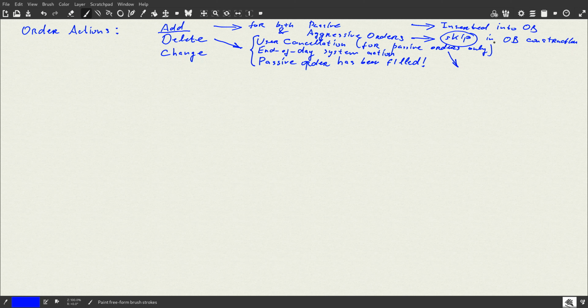So a user is modifying the order. What does it mean, modifying? In most exchanges, and in Moscow Exchange as well, there is no in-place modification. So you can't simply send an instruction with the action to modify your order in place.